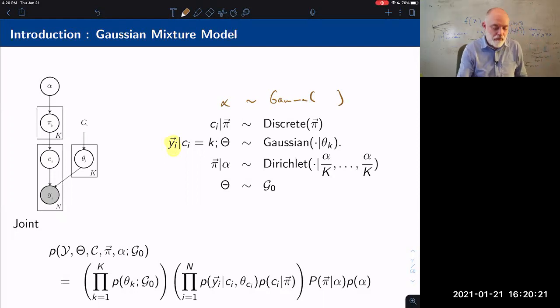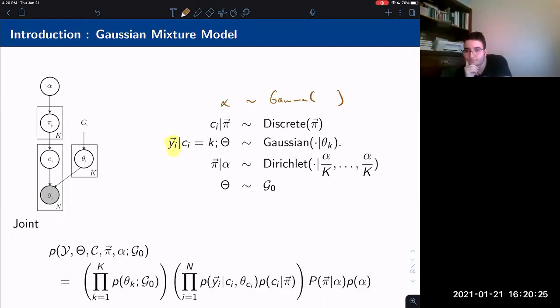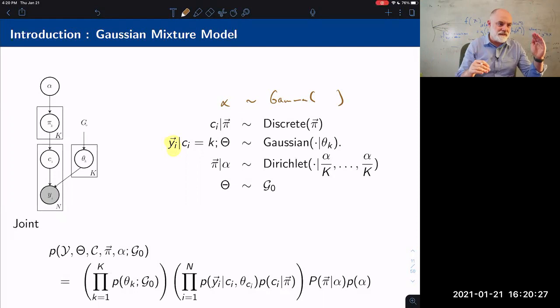Okay? Now, historically, a little bit of machine learning history and the ebb and flow of Bayesian versus optimization approaches to machine learning.